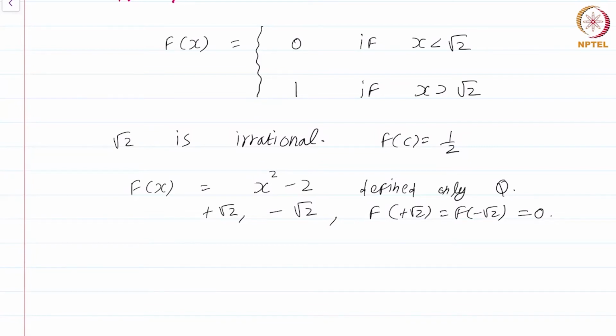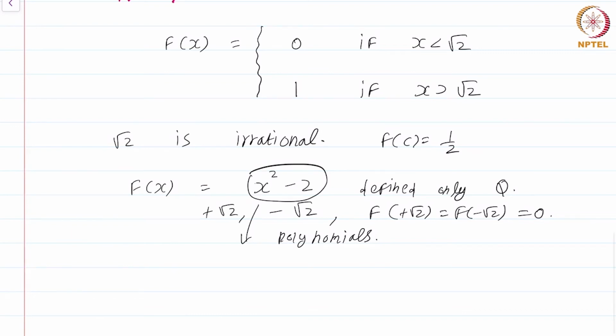This function x squared minus 2 is a polynomial. There is no controversy if I say a polynomial should be continuous, defined on Q. The last function that I defined, I defined it in pieces, so you might object saying it is not really a continuous function.